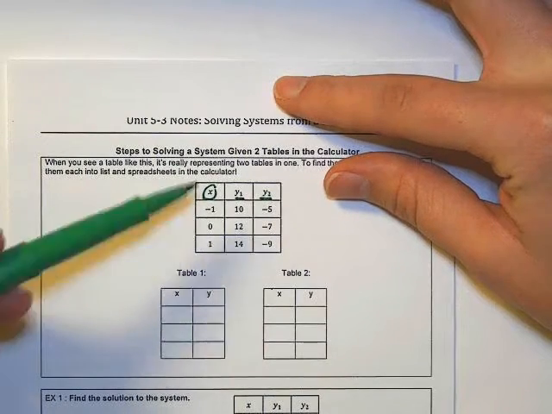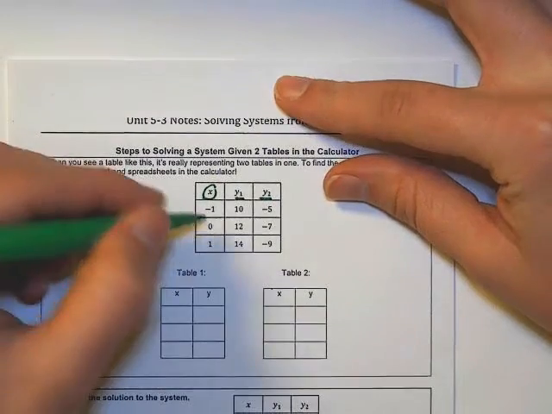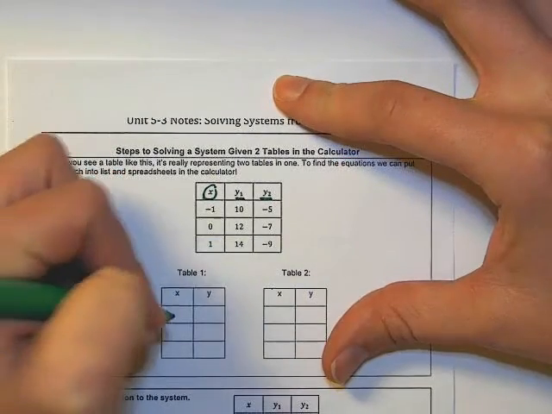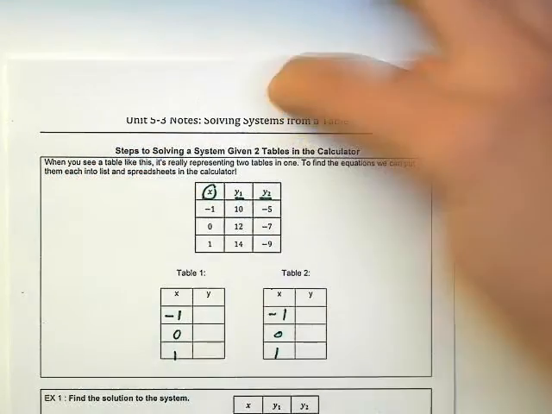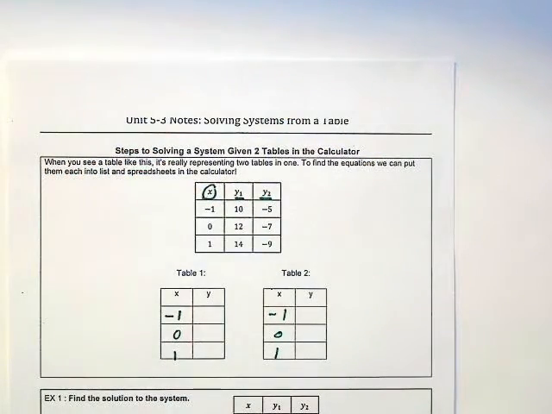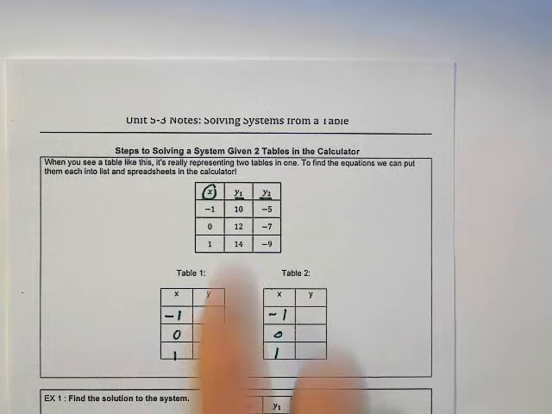One row or one column of x's. The x's are going to represent both tables, so -1 and 0 are going to be the same for both tables. Everybody write that: x's are the same because it only tells me one x column.